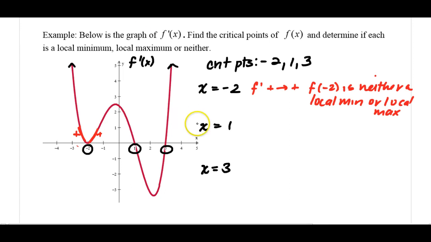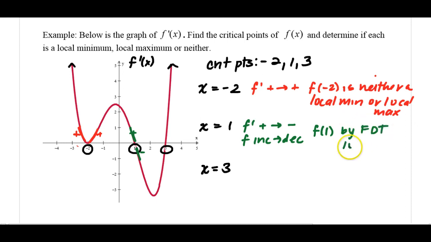But at x equals 1, we are going to have a change from above the x-axis to below the x-axis. So I am positive and then negative. So if f prime goes from positive to negative, f goes from increasing to decreasing. So that must mean that at f of 1, by the first derivative test, I have a local max.